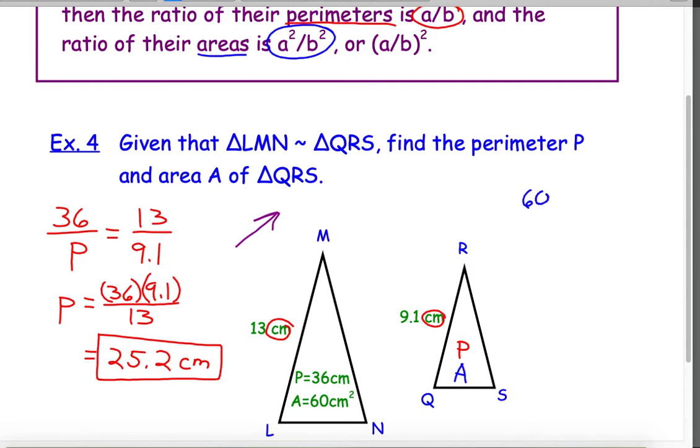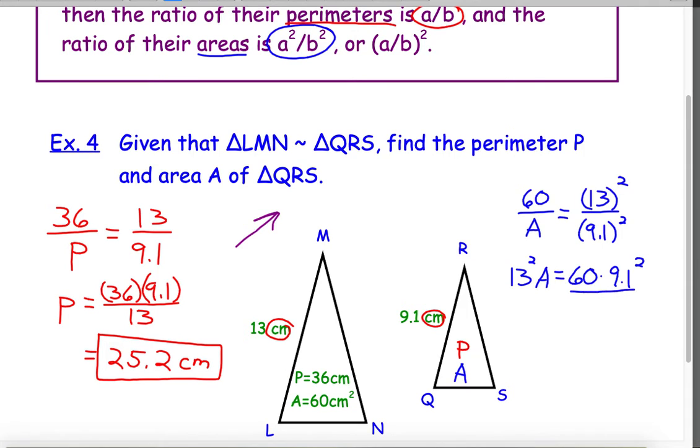So 60 over the area of the smaller one equals 13 squared over 9.1 squared. So when I cross multiply, I'm going to have 13 squared times A equals 60 times 9.1 squared.